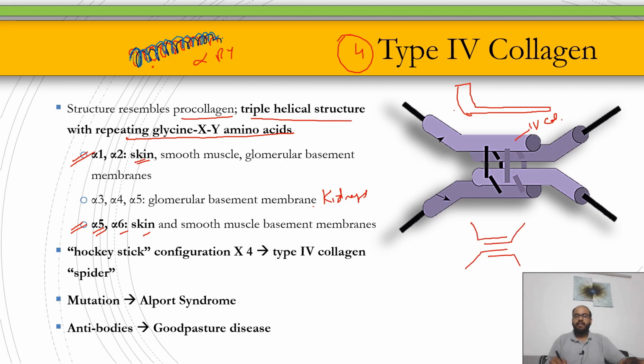And this is known as a type IV collagen spider. It looks like a spider. And this spider configuration is what we usually find in lamina densa.